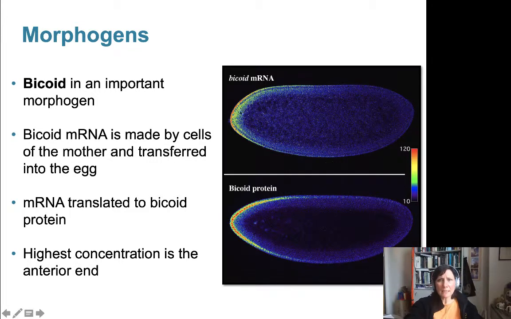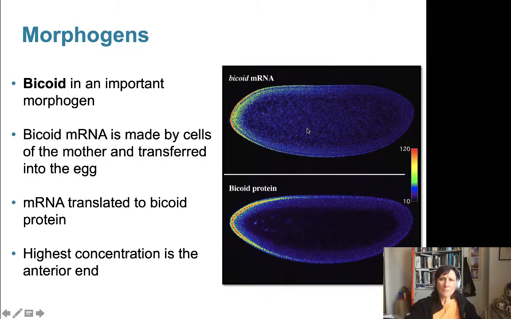What you're seeing here is a scan of an embryo that's been stained for the presence of bicoid mRNA. What you should take away from this picture is that there is some bicoid all throughout the embryo, but it's most prevalent in the anterior end, which is why you get the red. The closer to red you are, the higher the concentration, and the lower down on the scale you are, the lower the concentration.